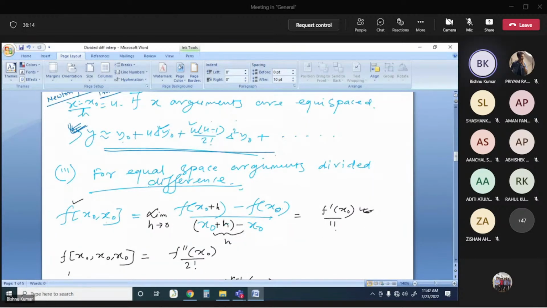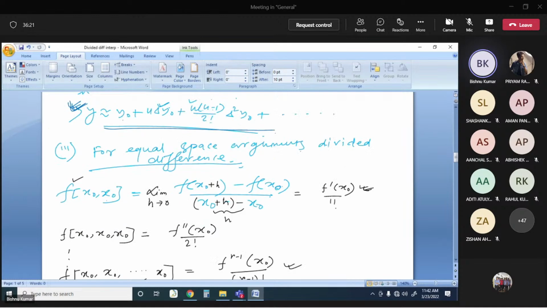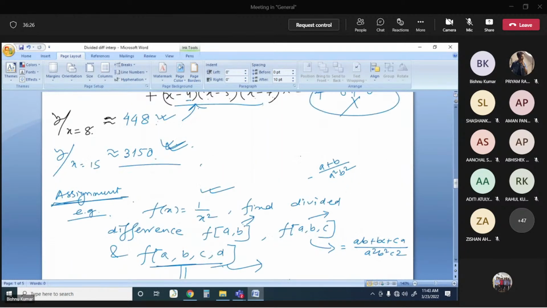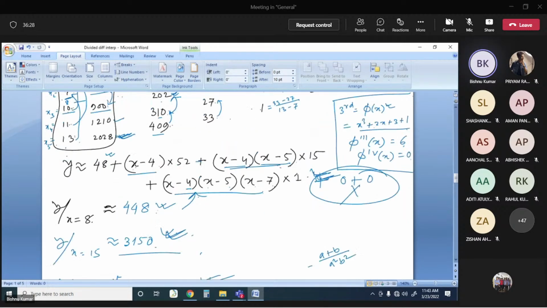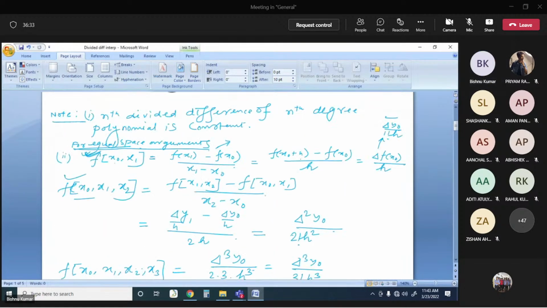Now let's see how these operations work for equal space. Suppose x0 and x1, the space length is the same as xn minus xn minus 1.